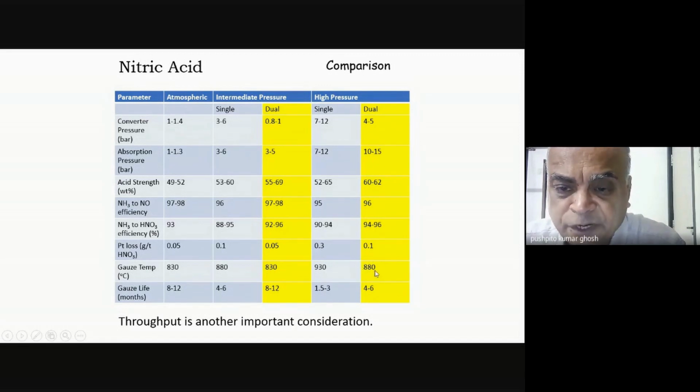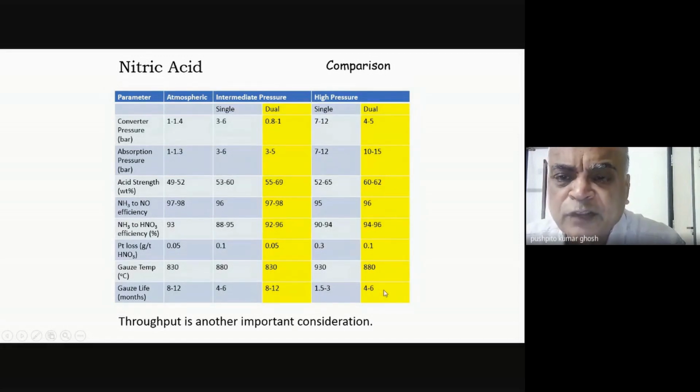The gauze temperature is 880 and here it's 930. So that may lower the thermal loss of platinum. Another is they found that the gauze life, the catalyst life, is quite good here. So if you look at the totality, this is probably the best way to carry out the process.